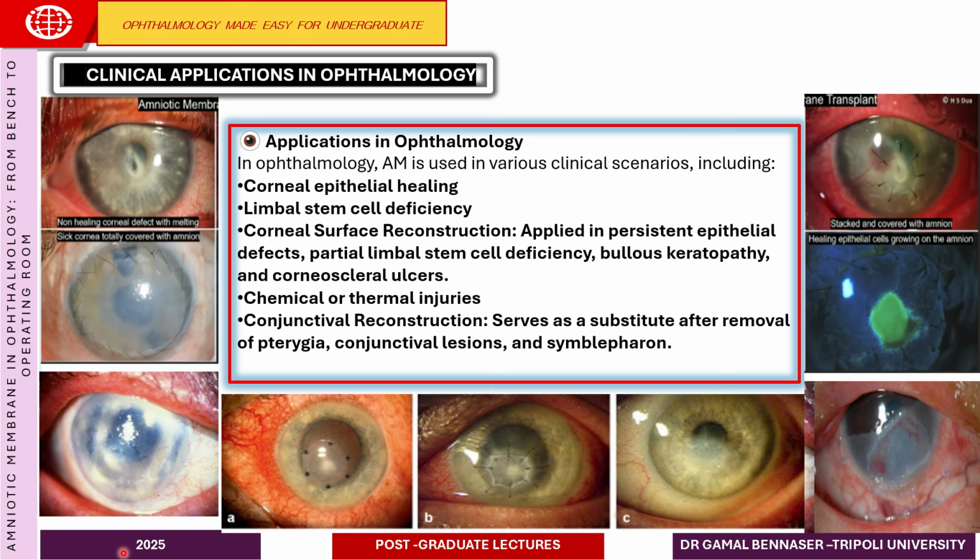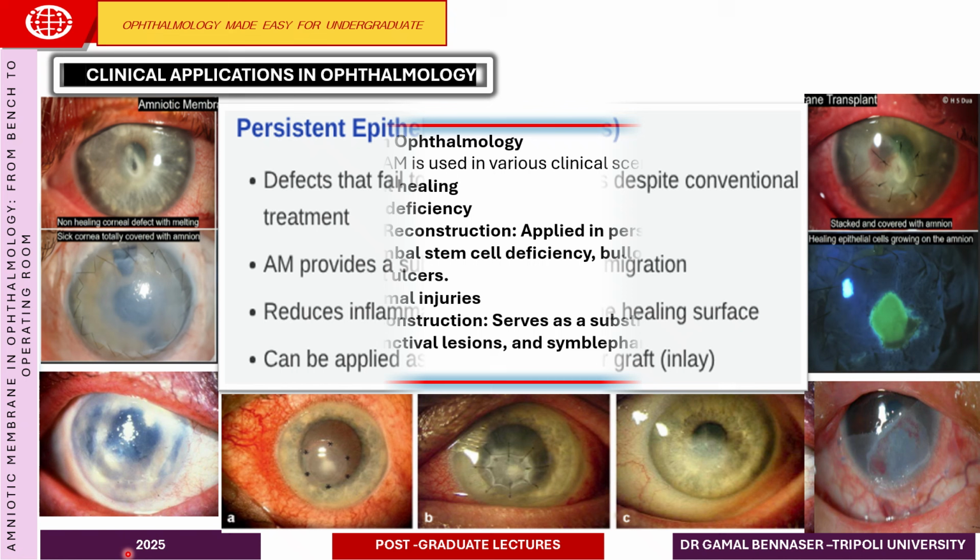Now, in view of our understanding of the components and the structure of the amniotic membrane, we will speak about some of the applications of the amniotic membrane in the field of ophthalmology. As we have mentioned before, there are a large number of applications of the amniotic membrane as far as corneal epithelial healing, as well as limbal stem cell deficiency, corneal surface reconstructions, chemical injuries and conjunctival reconstructions, and also in different operations.